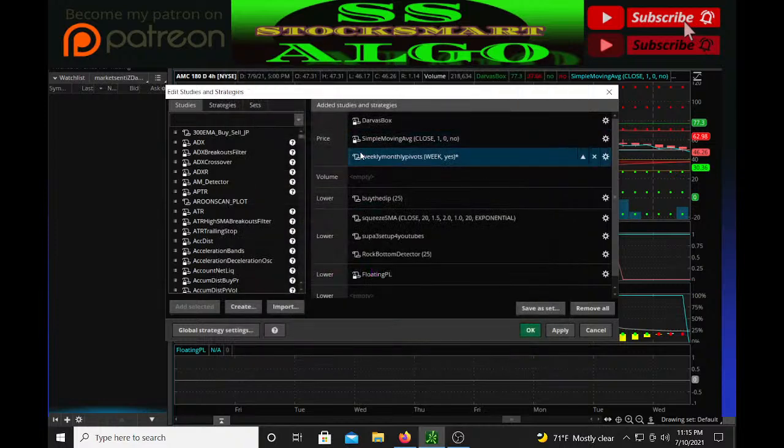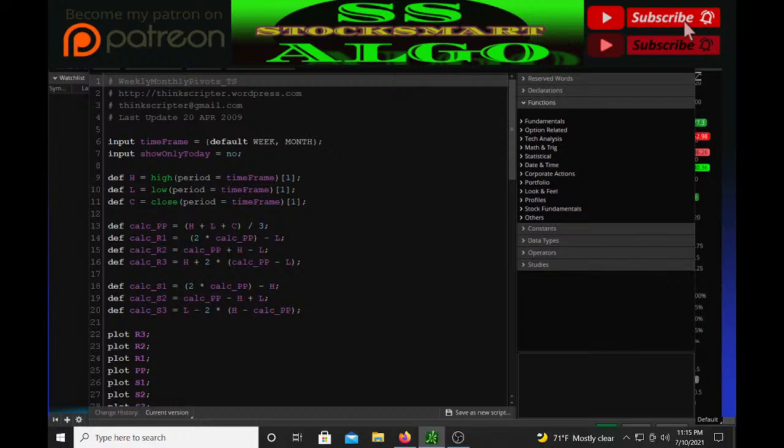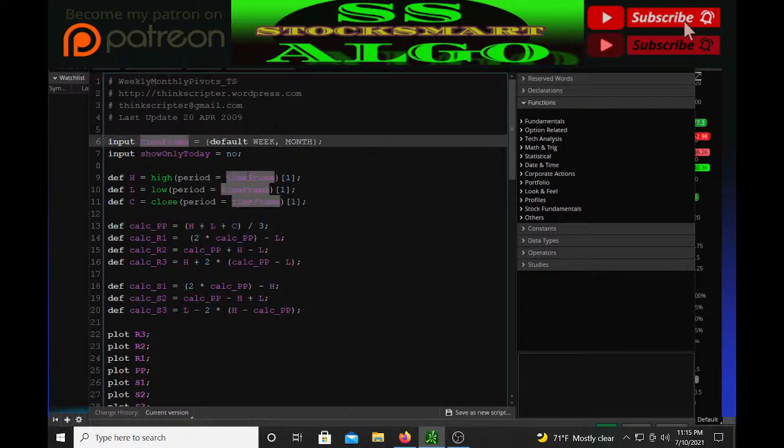And let's go in here. Let's see what we've got. Weekly and monthly pivots. Now, this says default here, week and month.